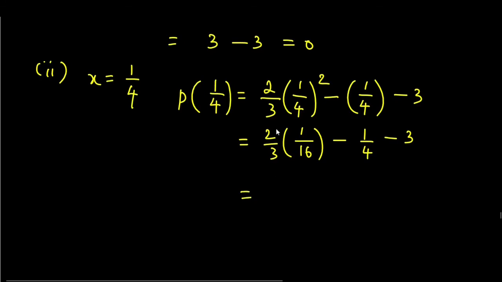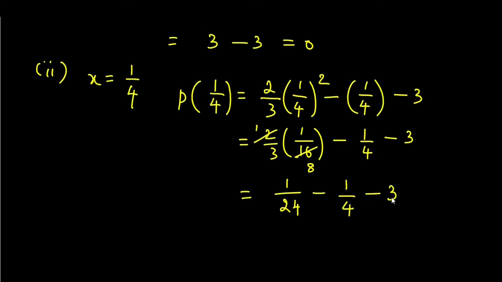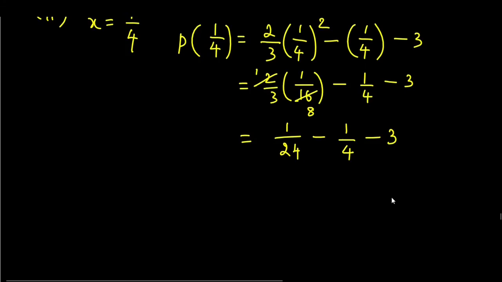So we get 1 here and 8 here when divided by 2. So this is 1 by 24 minus 1 by 4 minus 3. Let us first simplify these two fractions. Denominator 24, 1 minus 6 minus 3 here.